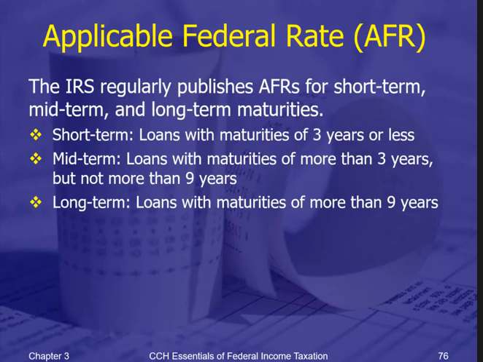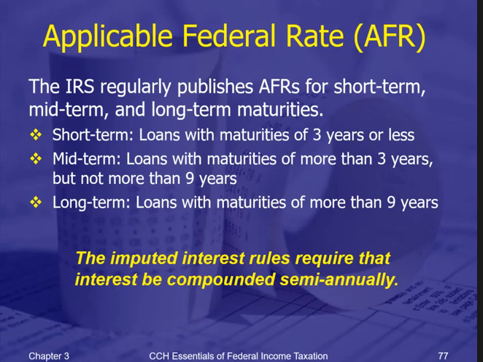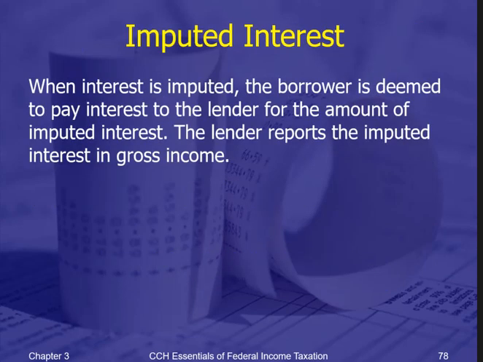Now this is the one about imputed interest. A lot of times people will loan some money to a friend or someone without interest. The IRS does not believe that. In fact, they have set rules about what interest should be based on short-term, mid-term, and long-term, and they publish these monthly. So imputed interest rules require that interest be compounded at least semi-annually.